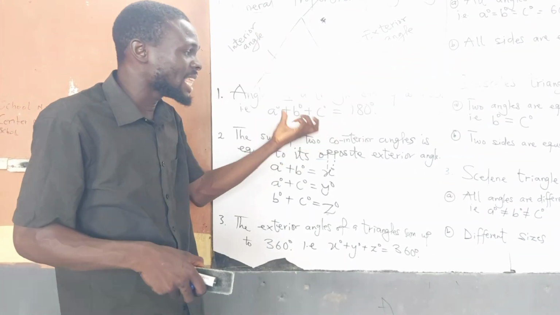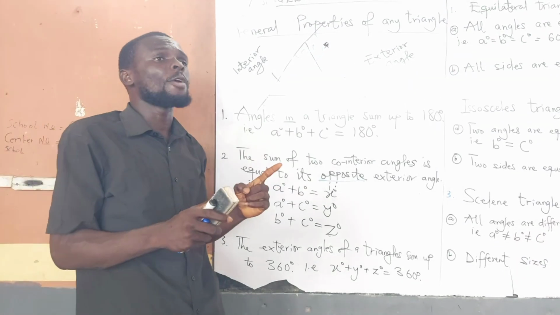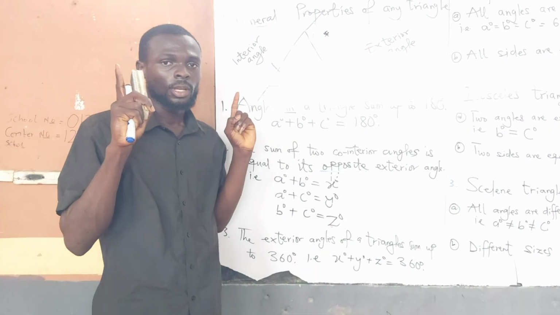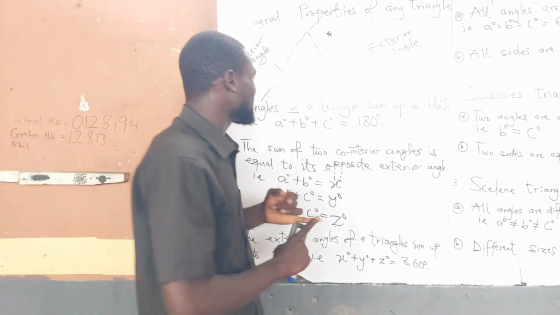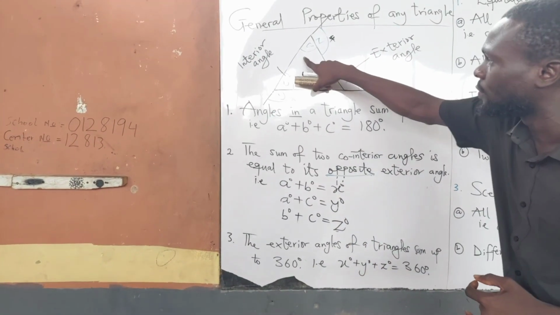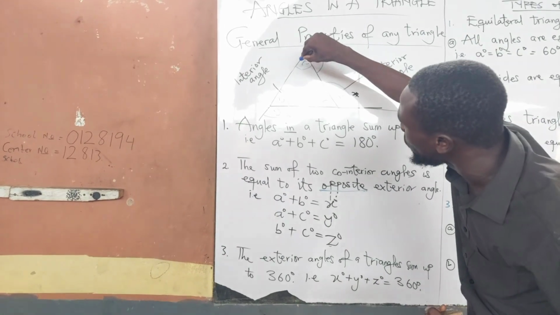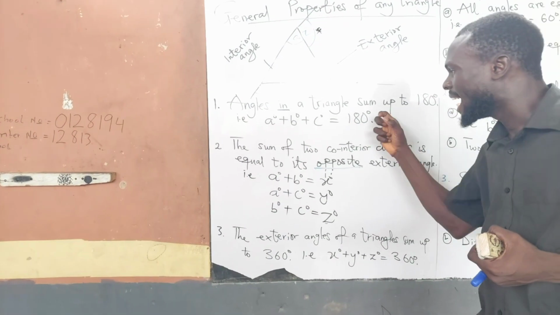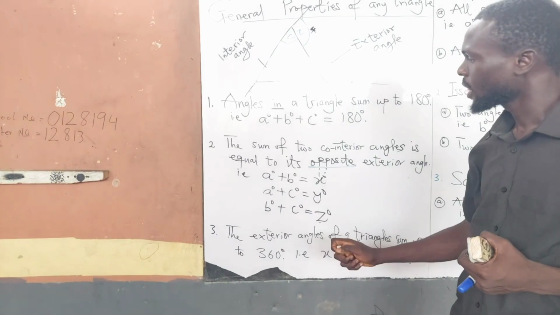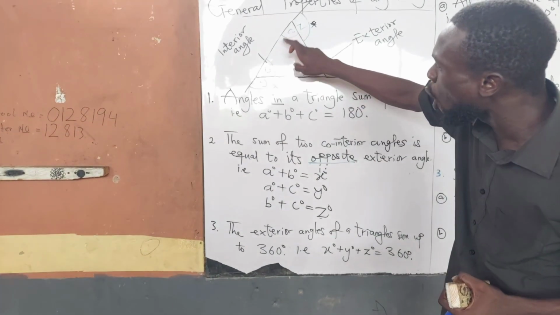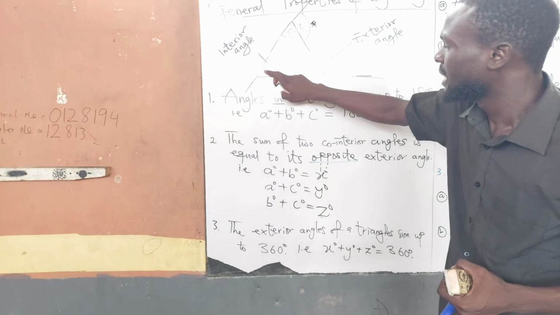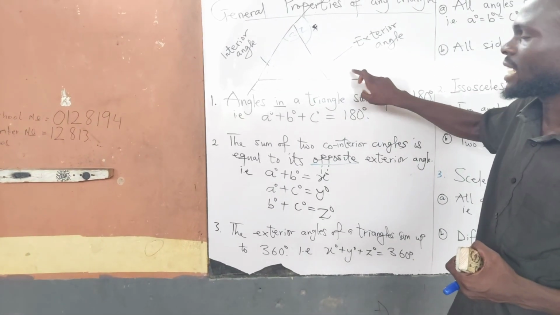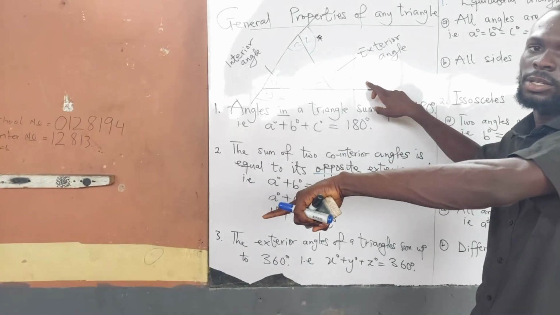Now, these are the major properties of any given triangle. Number one, we should know that the interior angles of the triangle, so the angle here plus this, are giving you what? 180 degrees. And if you sum the co-interior angles, the sum of the co-interior angles gives you its opposite exterior.